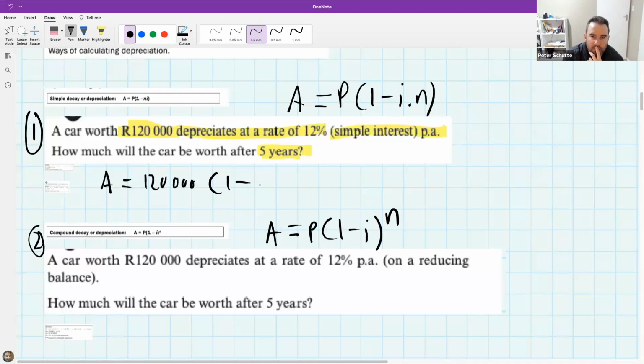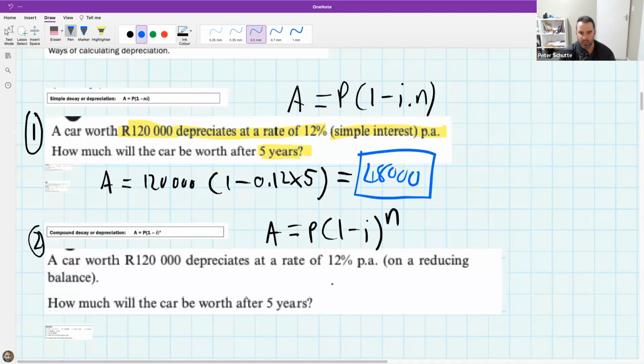So in the first one, we should be getting a value like from that calculation, and we end up with 48,000. So that's how much the car is worth after 5 years using simple interest depreciation.